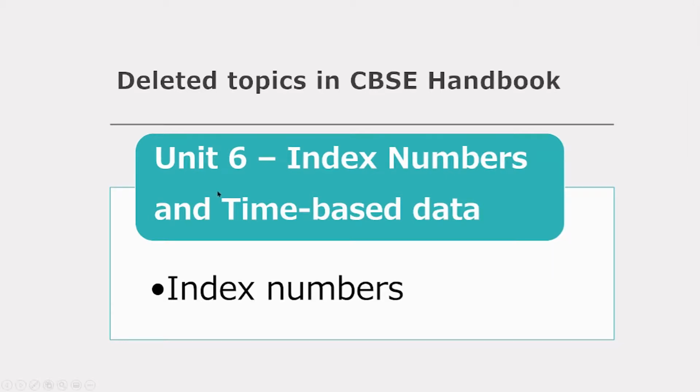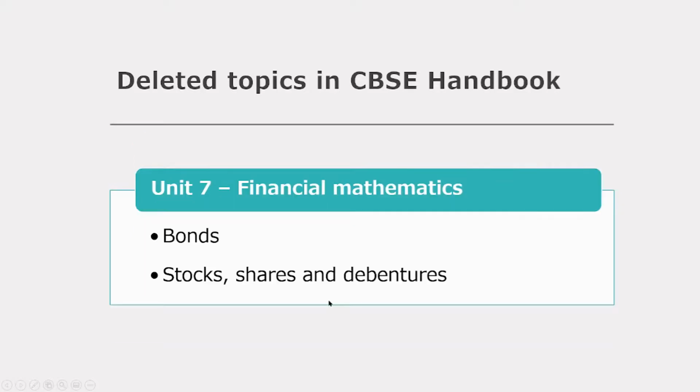The next unit, unit 6, index numbers and time-based data, the entire topic index numbers, it is removed for the session 2022-23. And finally for unit 7, financial mathematics, we do not have bonds and stocks, shares and debentures. Bonds, the exercises, exercise 7.2, and stocks, shares and debentures is exercise 7.6.